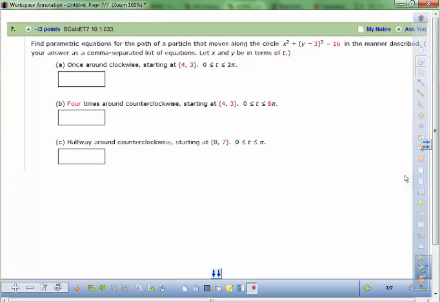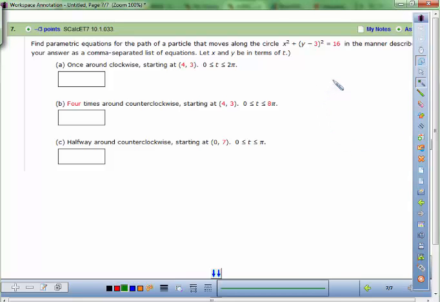If you can't already picture the circle, then have some sort of graphing device that will help you picture the circle. The circle is offset to go up along the y-axis by 3 units, and it has a radius of 4. Okay?